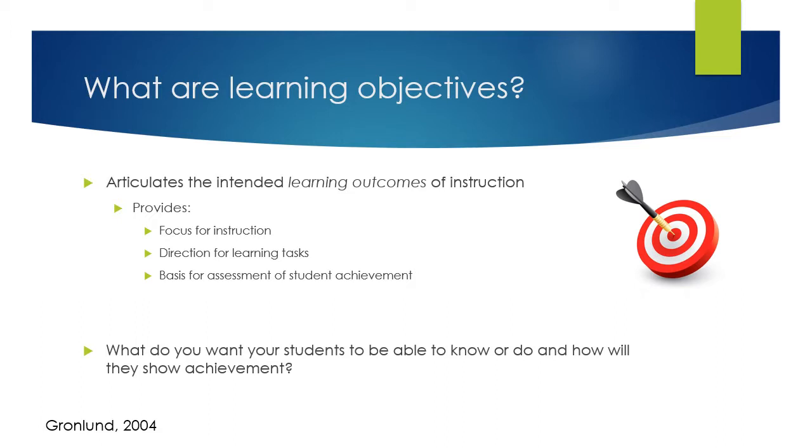And so by writing learning objectives, it provides a focus for the instruction, and it also tells the learners what kind of tasks they're going to be doing as part of the instructional unit. And it also provides a basis for assessment for student achievement. So students know how they are doing in relation to the learning objectives that are set forth for a unit or a course or a module.